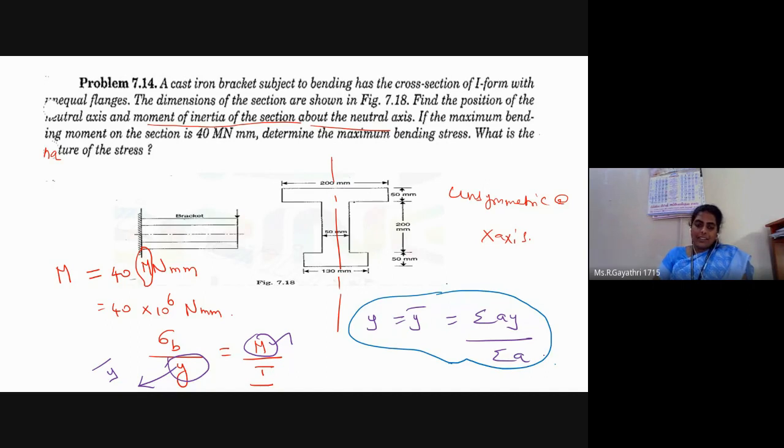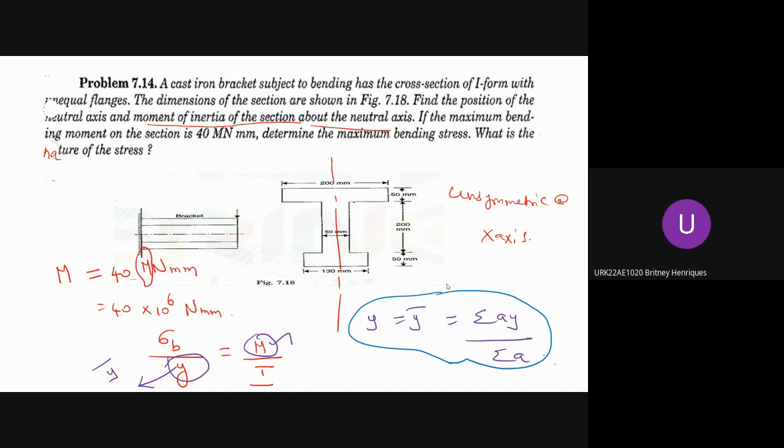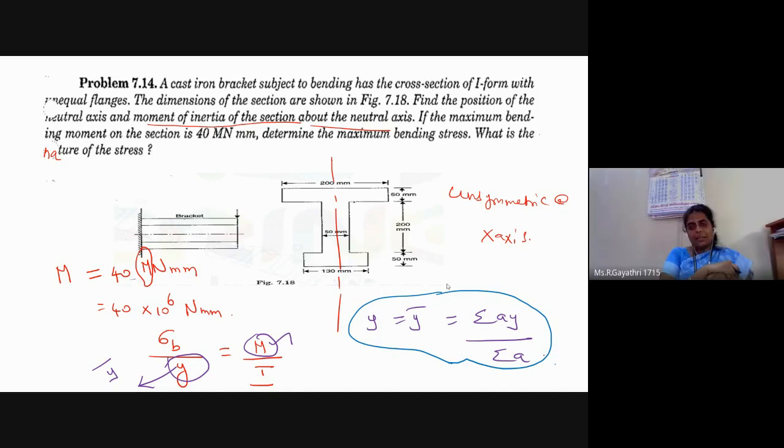Y bar value, Brittany. Only Brittany is listening always in my class. Only she asks questions. Brittany, your answer. Y bar value. Ma'am, I'm solving, ma'am. Sorry, okay. Please tell me the equation.